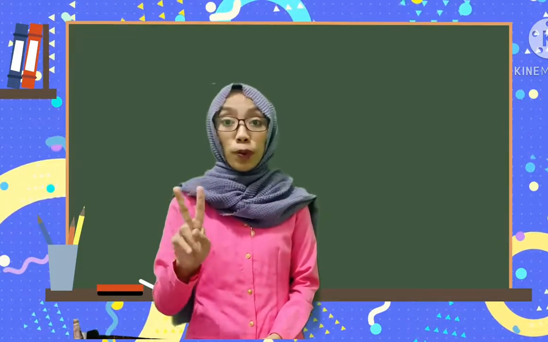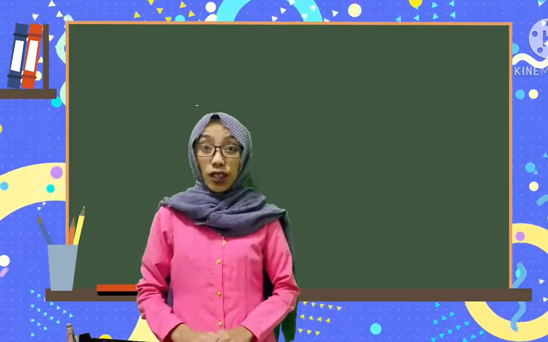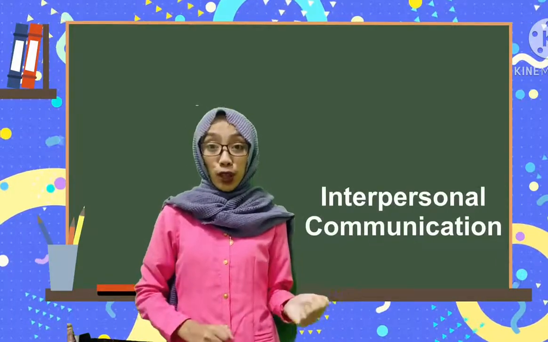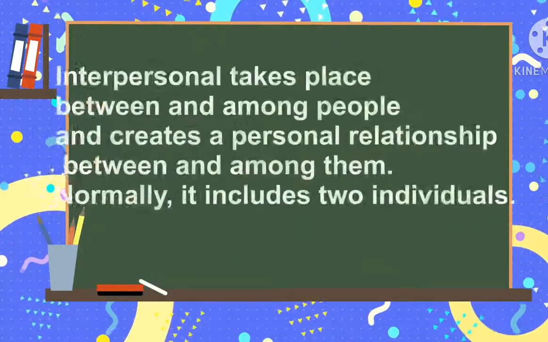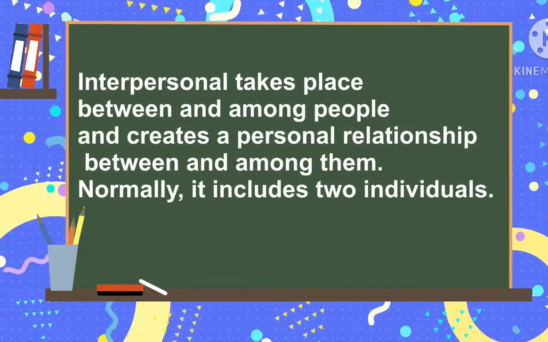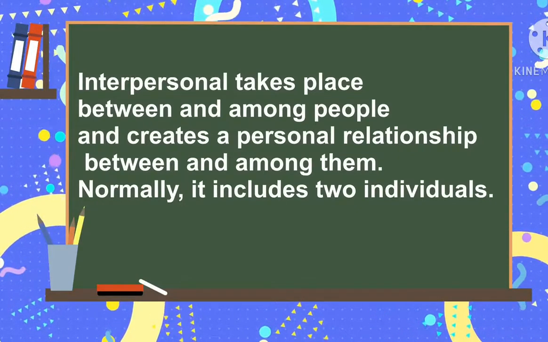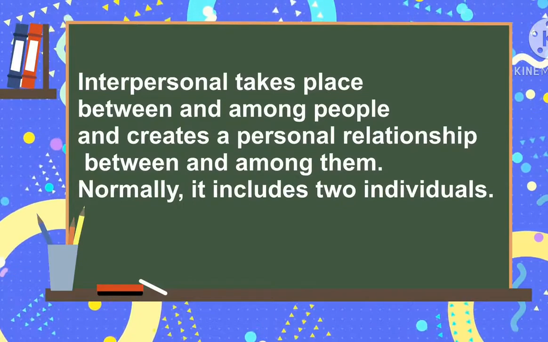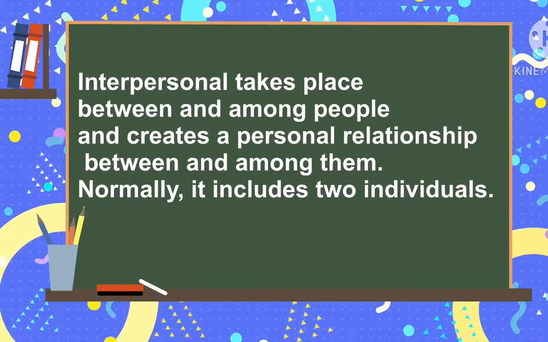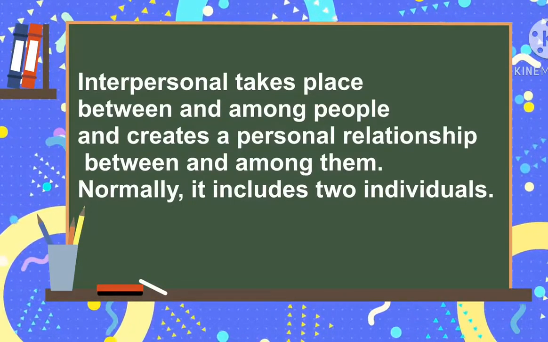There are 2 people involved in that picture. And that is what we call interpersonal communication. Interpersonal takes place between and among people and creates a personal relationship between and among them. Normally, it includes 2 individuals.